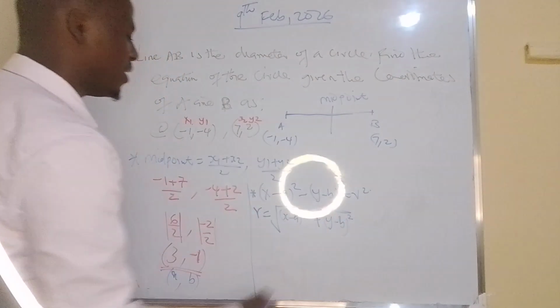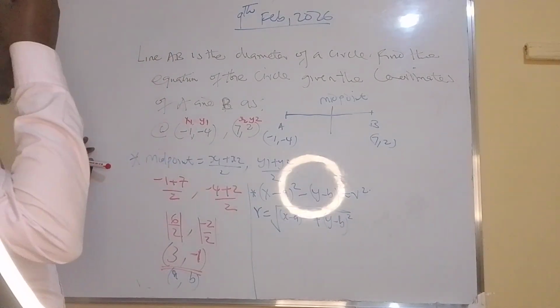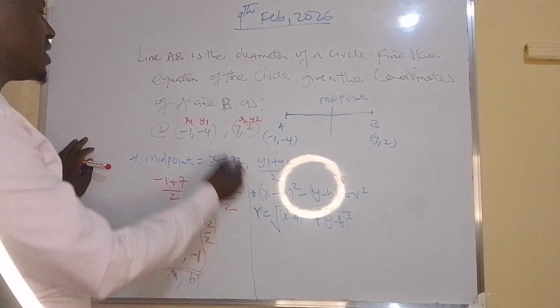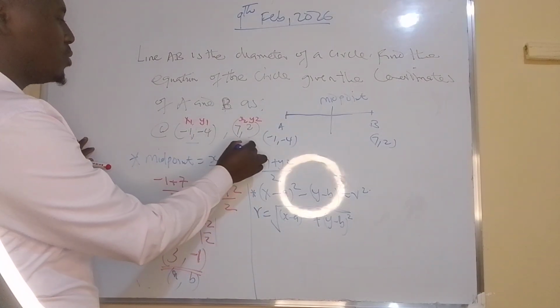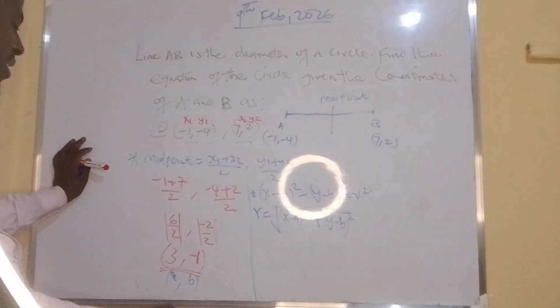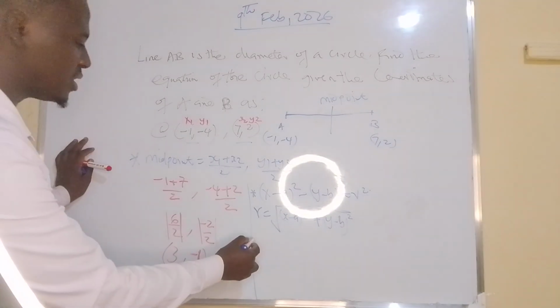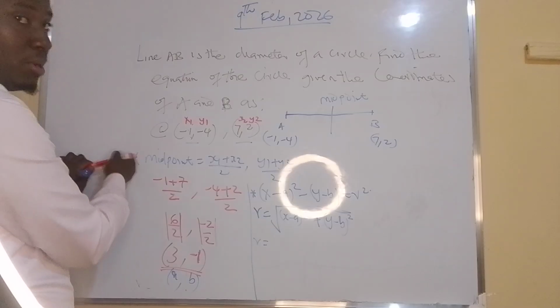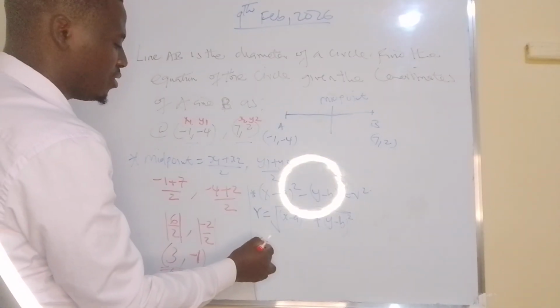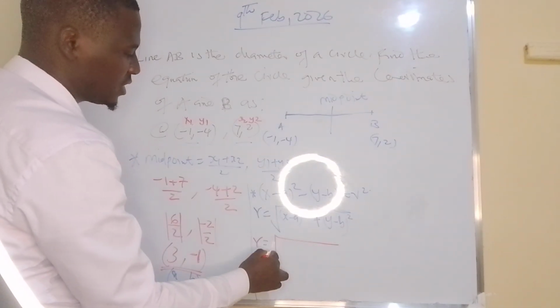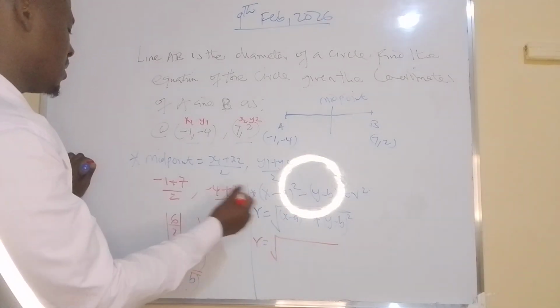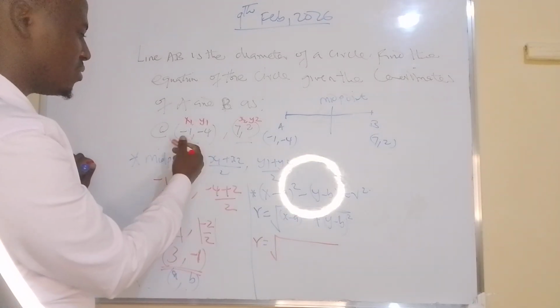We have our x and y, because we can use either of the points, A or B. And we have our a and b, the center. So r will be equal to the square root of (x minus a) squared plus (y minus b) squared.